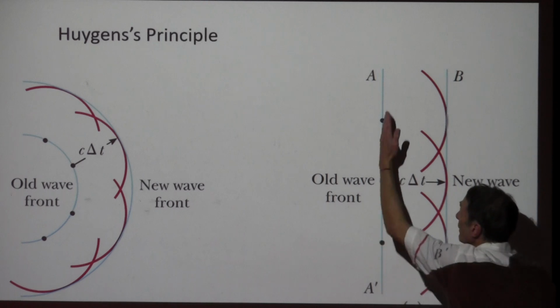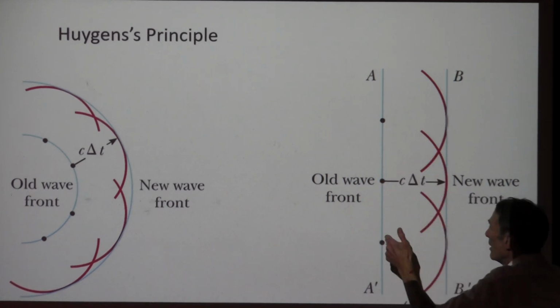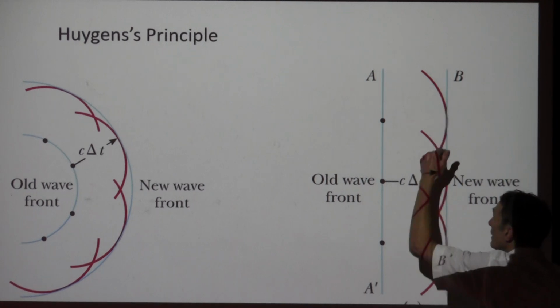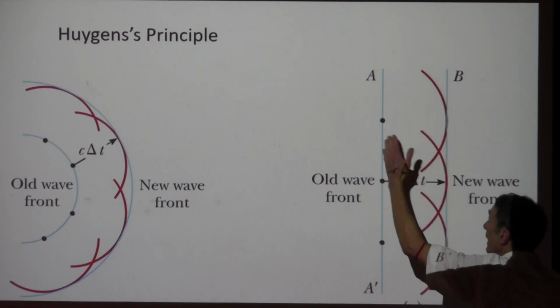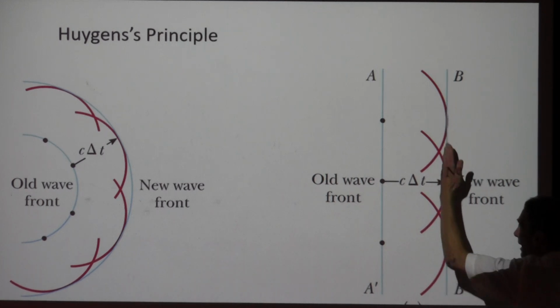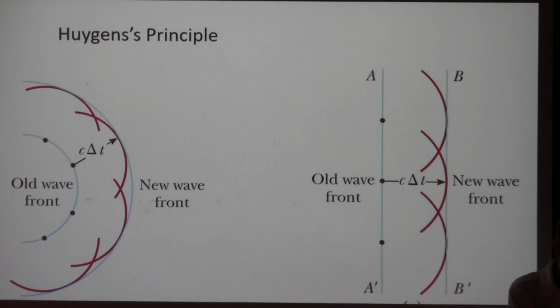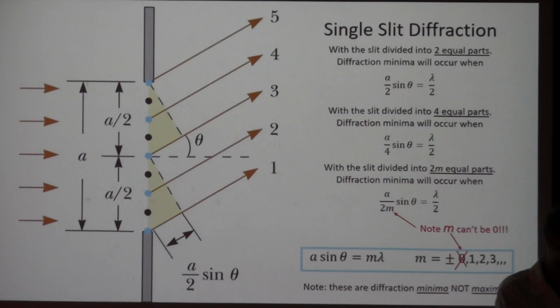If it's a plane wave, the plane wave is moving along, and each of these points is radiating in a circular fashion outward, and collectively they would remain a plane wave. This is the idea of Huygens principle.